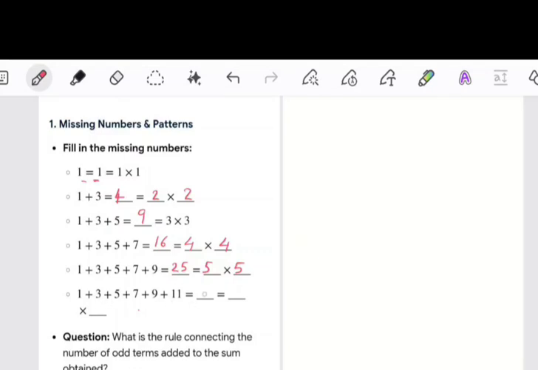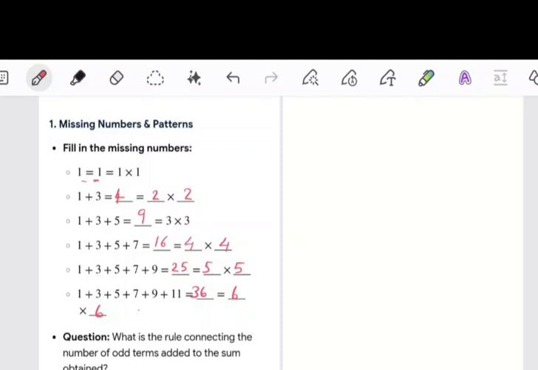So the next pattern, after 9 plus 11. The next odd number is 11. So the sum of these is 36. 36 is 6 into 6. Clear? It is very easy.